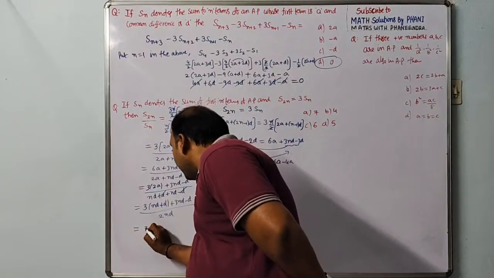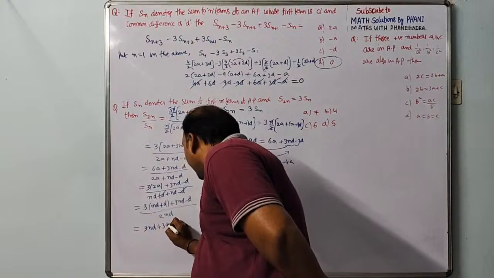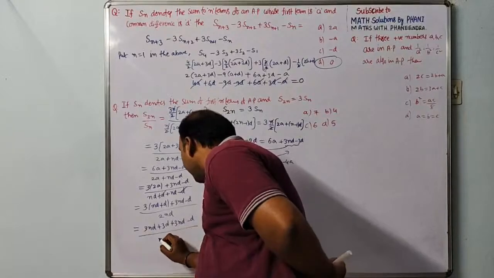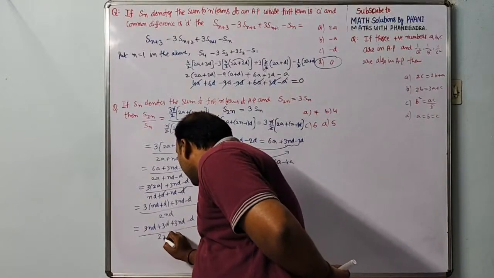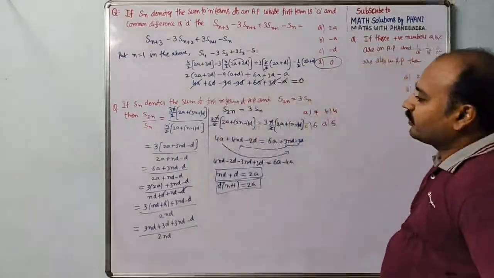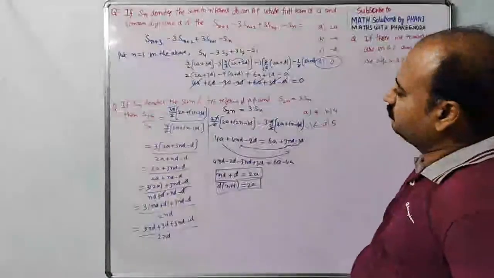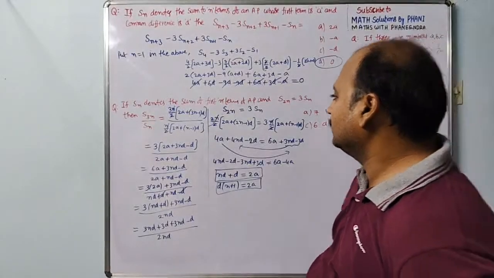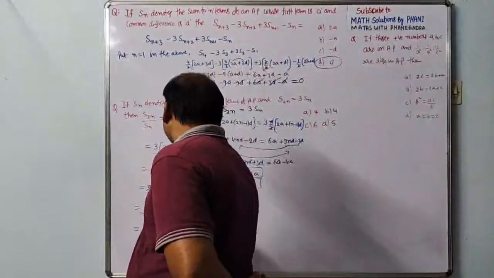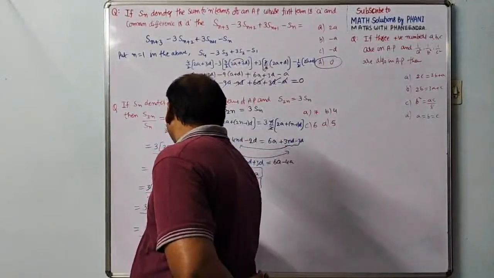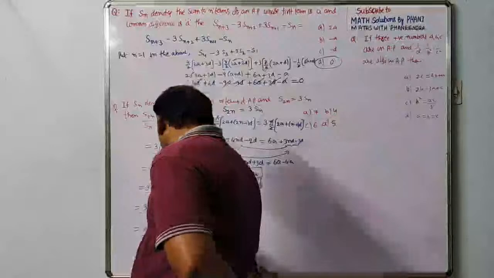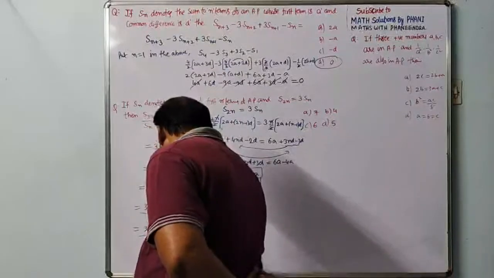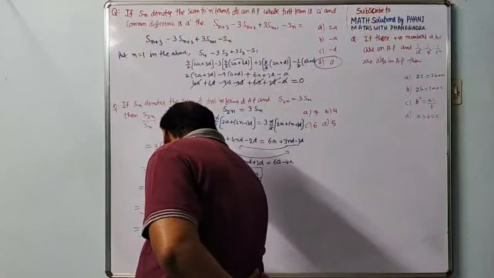So simplifying the numerator, 3nd plus 3d plus 3nd minus d, by 2nd. Very sorry, here 9nd minus 3d.